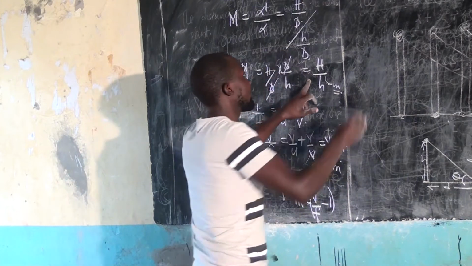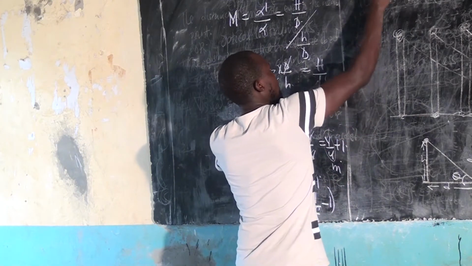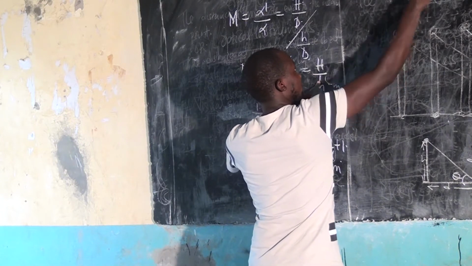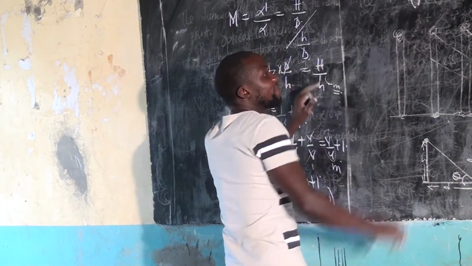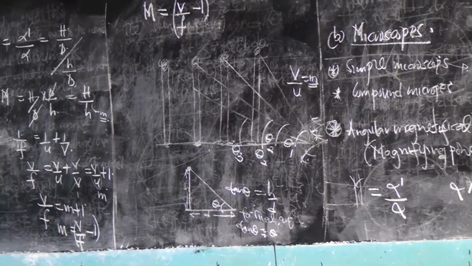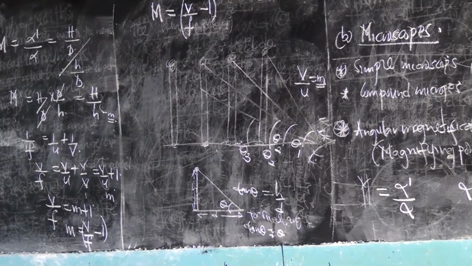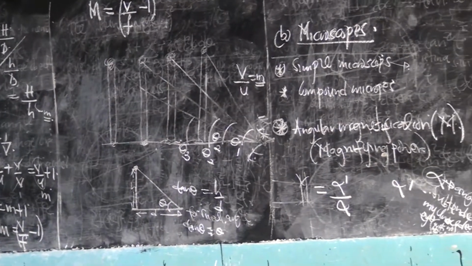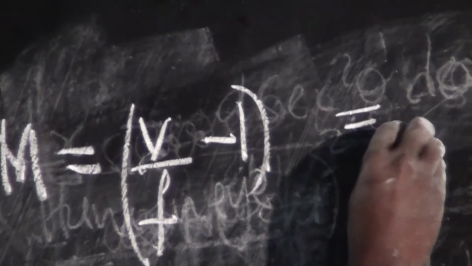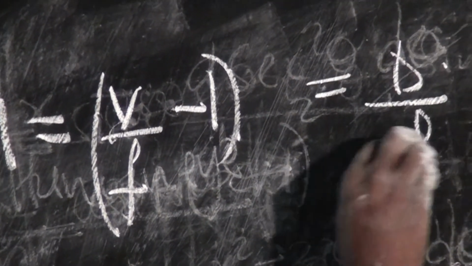It would mean that instead of writing that, I can simply write magnification being equal to v over f minus 1. But this v in microscopes becomes the distance of the image, yet the distance of the image here is a D. So in instruments here, we shall not be using these v's, we shall be using D, like that.